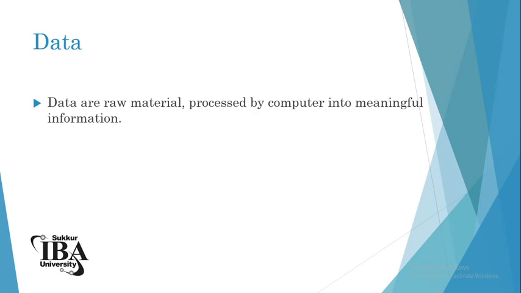After the software we have data. Basically, data is the raw material processed by the computer into meaningful information. Actually, we cannot understand data when it is in raw form, but we can understand information. So information is for the user and data is for the computer.